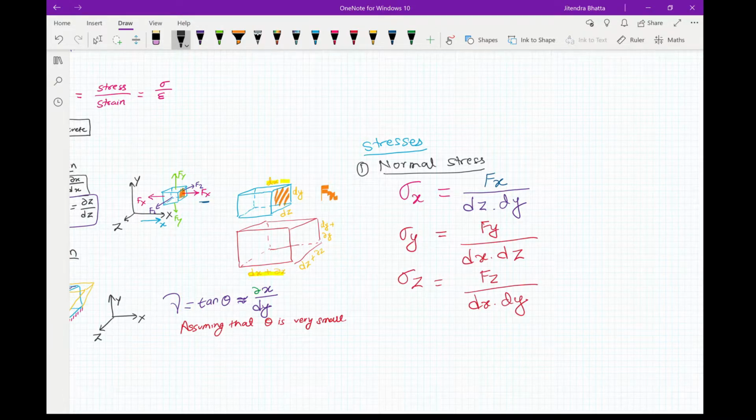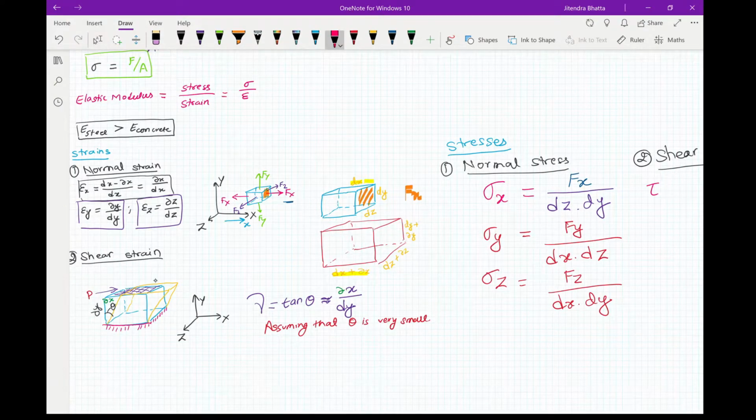And now let's look at shear stresses. Shear stresses are generally denoted by tau. So for this case here, you can see that the load P is acting on this surface here, dx and dz.